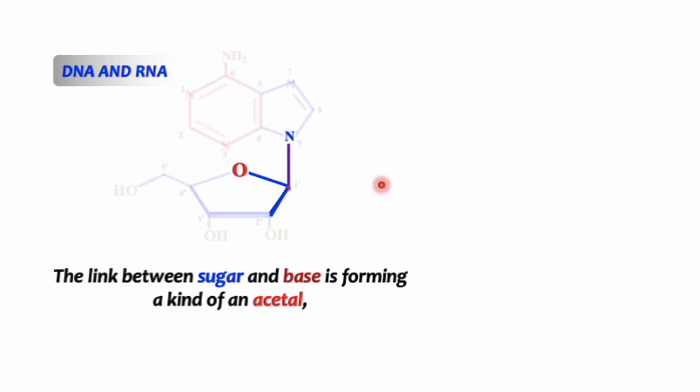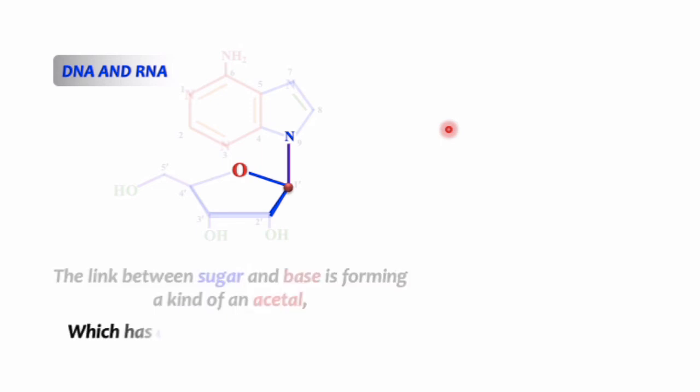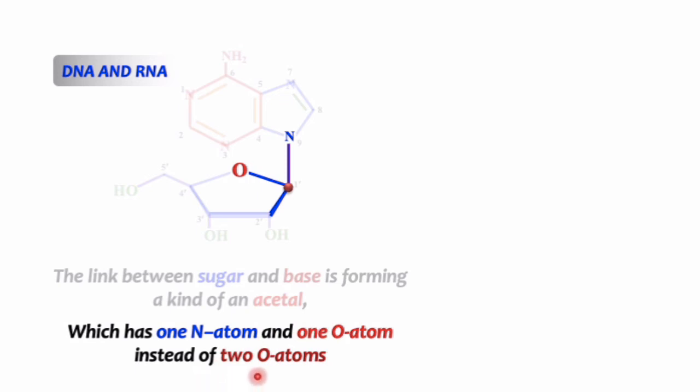So check out the bond carefully. This carbon is connected with nitrogen, oxygen and some R group. So it is making some kind of an acetal form, right? So both in DNA and RNA, we will find this linkage as an acetal form, okay? Instead of one of the oxygen atoms, now it is connected with a nitrogen atom, but the form is the same as that of an acetal, okay?